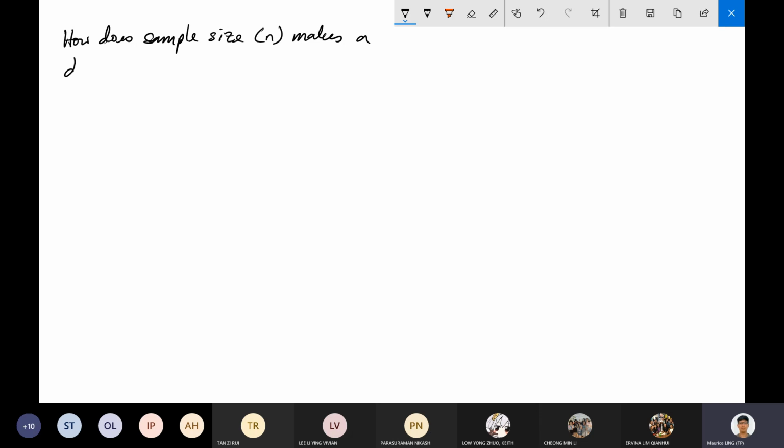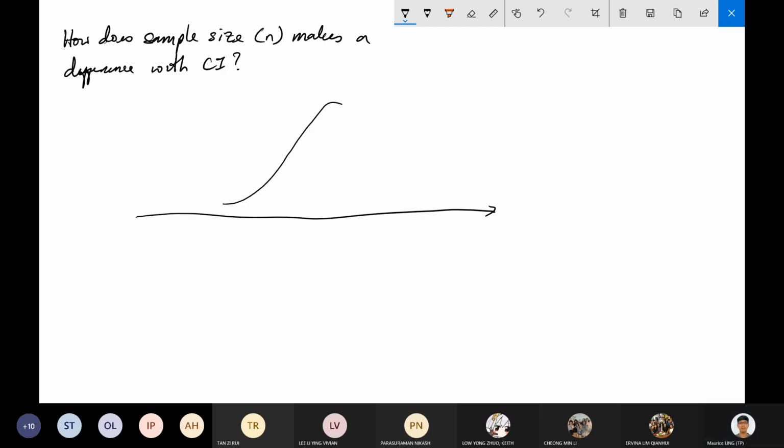It makes a difference with the confidence interval. So if we look at this axis, and we say that our black line is n equals to maybe 50. Maybe we say that this is the height. So this is the average height.